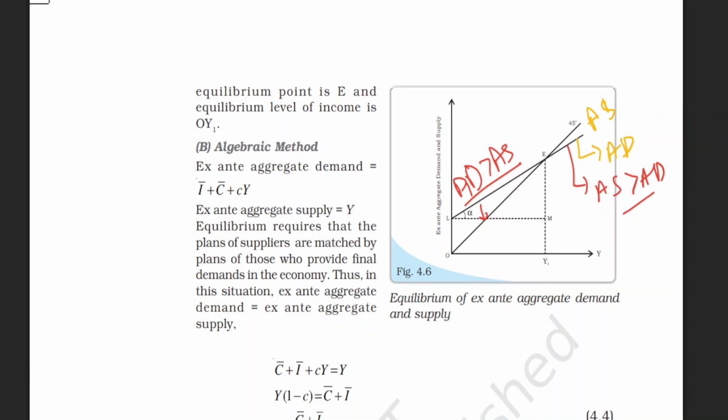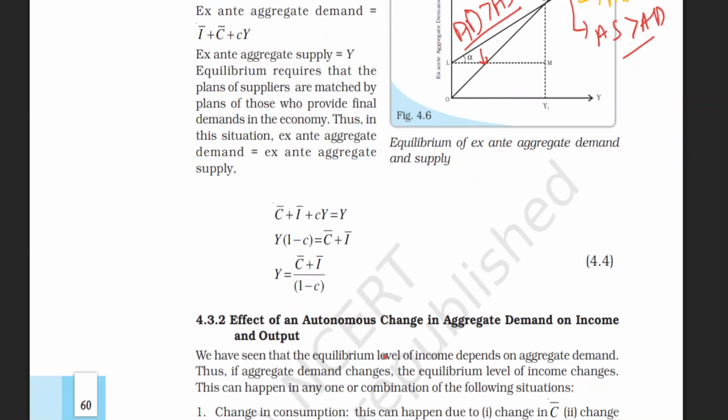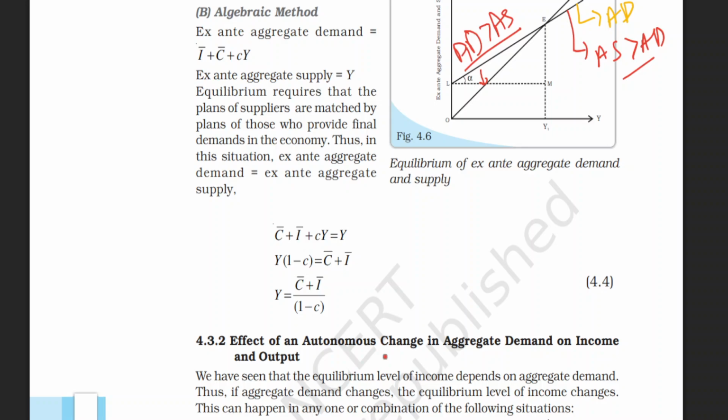Sometimes the prediction is so accurate that ex ante and ex post are equal, but these are rare cases, because during the financial year many other changes happen which make them change, right? So what the effects are, which values are affected, and how our equilibrium level changes with those effects will be told in the next video.